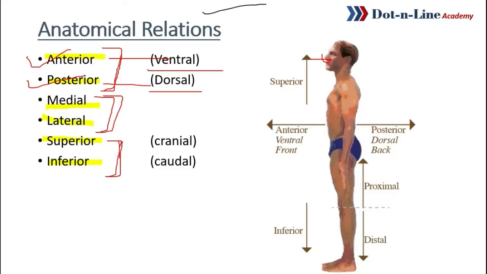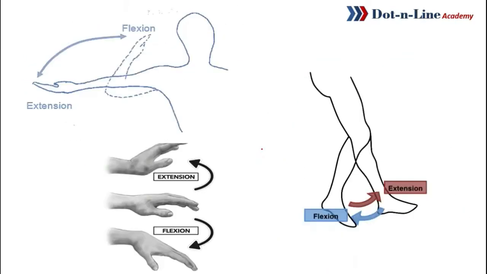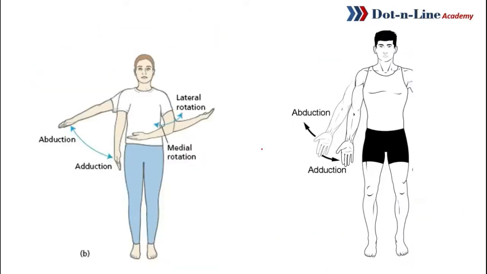This image will not explain the medial and lateral, let me take another image. Yeah, I will explain it on this. The body's structures that are near the midline will be medial. Those away from the midline will be lateral.